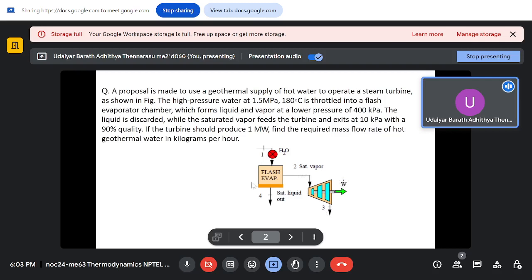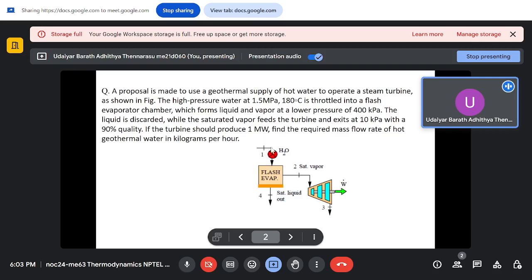The flash chamber is at 400 kilopascal. The liquid is discarded, and saturated vapor feeds the turbine and exits at 10 kilopascal with a quality of 90%. If the turbine should produce 1 megawatt, find the required mass flow rate of hot geothermal water in kilograms per hour. So how much amount of water is required?